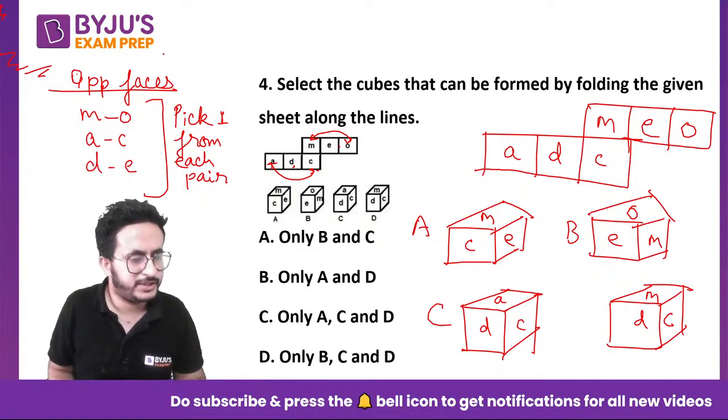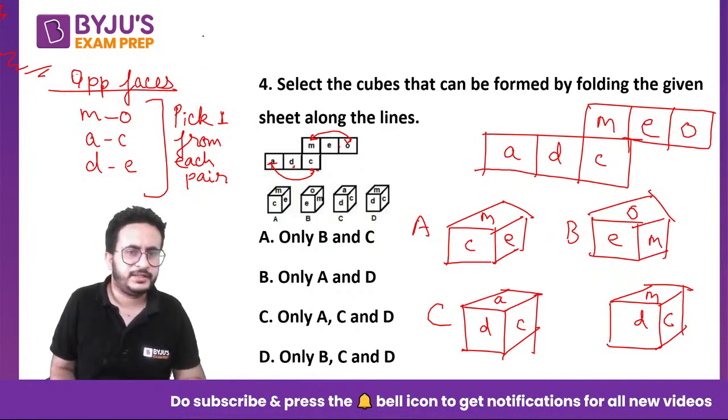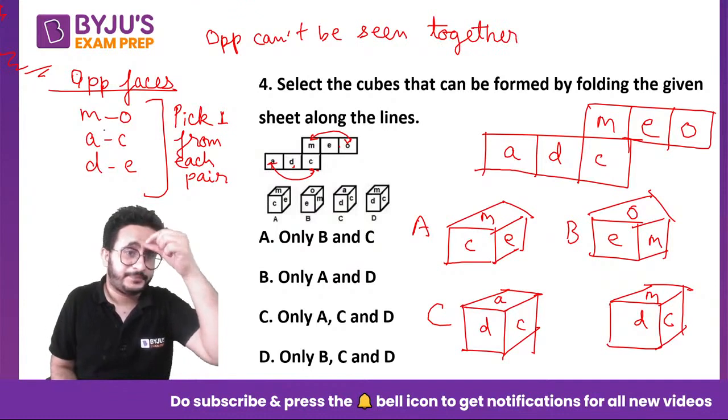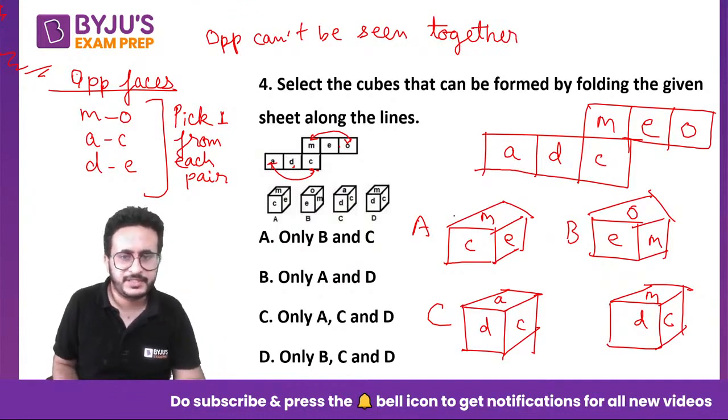If you want to reject, rejection is, right, opposites cannot be seen together. Now if you see A, A contains M, C and E. We are getting one from each pair, right? So A is possible, right?